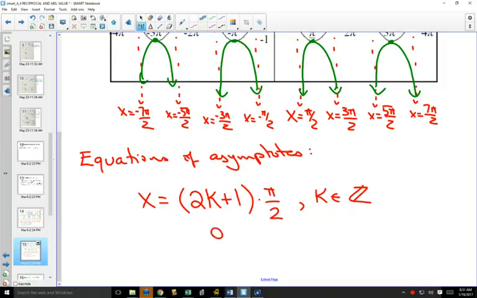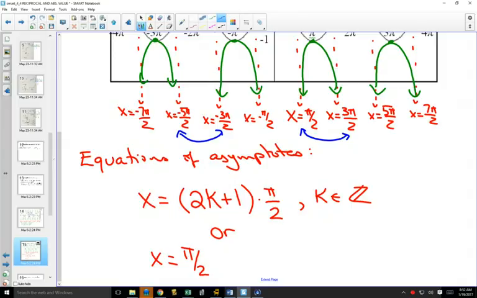The other way that we wrote it was by starting with one of them. So if I start with pi over 2, because that's sort of my first positive one, and then I ask what is the distance between our asymptotes? It's a distance of pi.